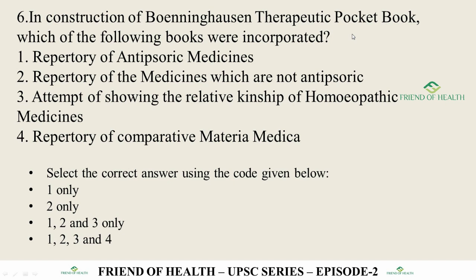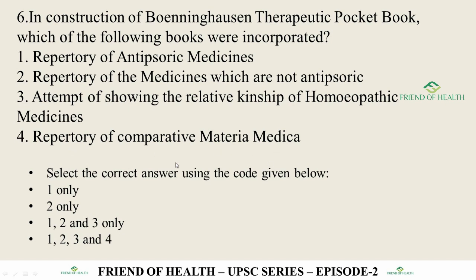The other works of those pioneers, everything is important. So here the options are: 1, Repertory of Antipsoric Medicines; 2, Repertory of the medicines which are not antipsoric; 3, attempt of showing the relative kinship of homeopathic medicines; 4, Repertory of Comparative Materia Medica.